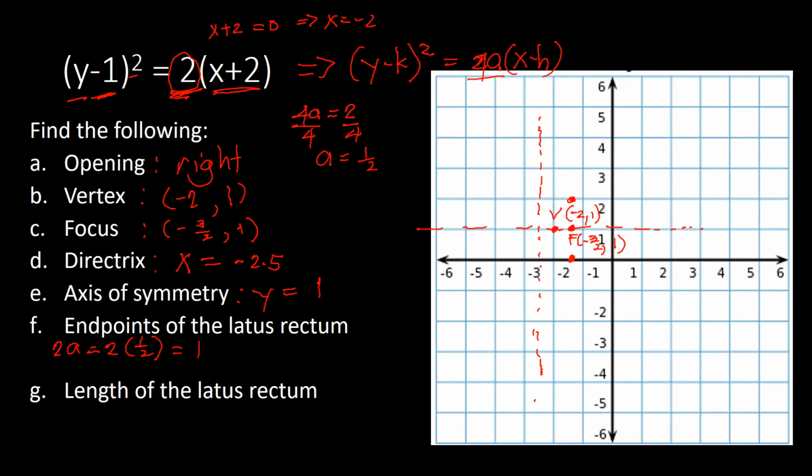So we've got the latus rectum endpoint as negative 1.5. We can have it as negative 1.5, or negative 1 and 1/2, or negative 3/2. Let me just have it as negative 1.5, and then our y for this one is 2.